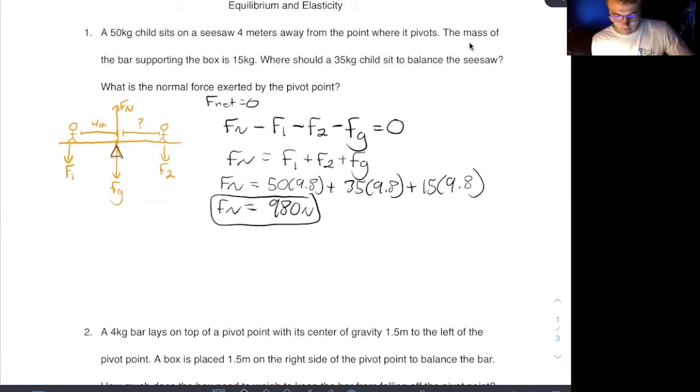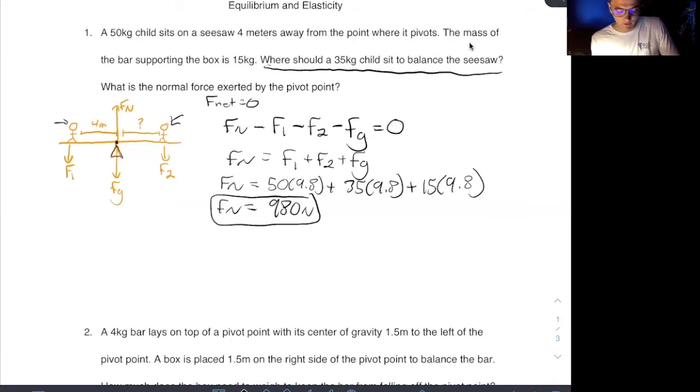Right, so the second question here is where should the child sit on the seesaw? How do we do this then? Now we essentially have to find the torques that each child is putting on the system, and we have to make them equal to each other. The only forces really acting on the system when it comes to balancing the seesaw are the two children, because the center of gravity of the bar is above the pivot point.